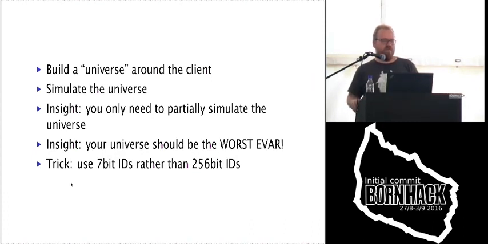By switching it around like this, you make sure that you hit all the nasty cases that people forget when they write code, right? And then there's another trick. Rather than using the large 256-bit identity space, we just cut it down to 7-bit. So now I can at most have 127 nodes in there, and that means all the corner cases where you have collisions between nodes happen all the time.